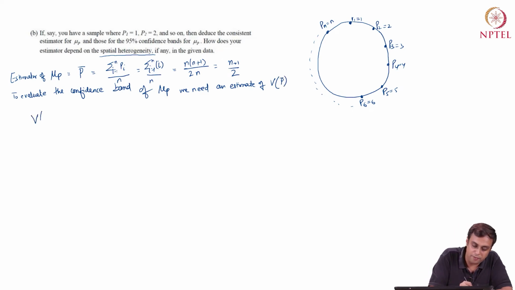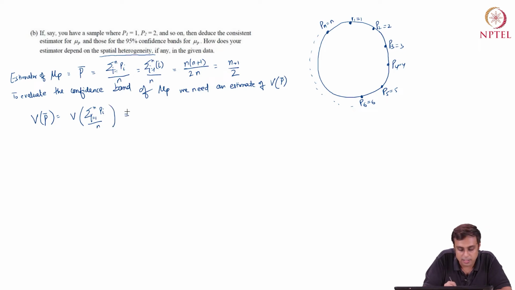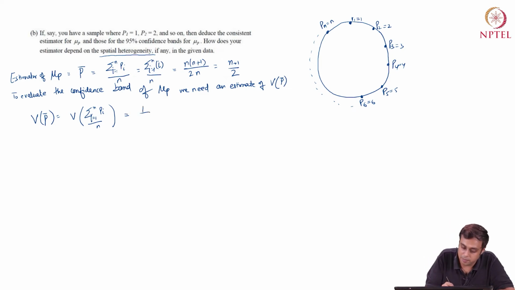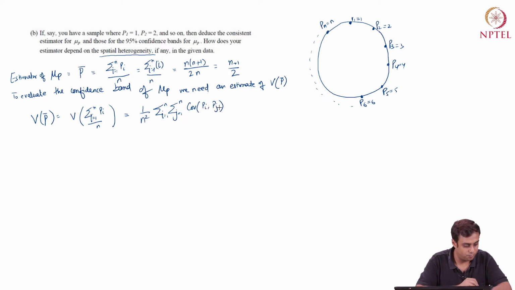The variance of p bar is nothing but the variance of the summation i equals 1 to n of p_i over n. We saw in a couple of lectures ago that when you have spatial dependence, we can represent this variance in a covariance formulation, which is 1 over n squared, summation i goes from 1 to n, summation j goes from 1 to n, covariance p_i p_j.